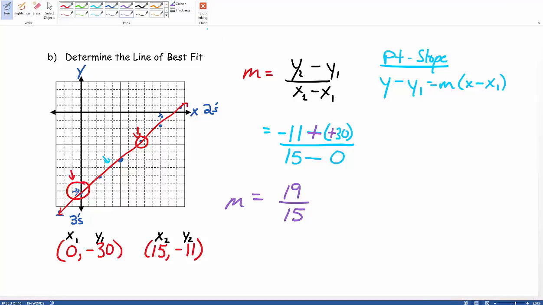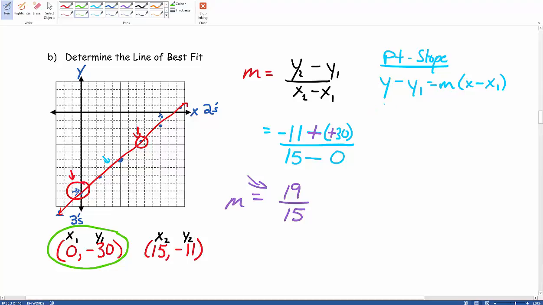Next, what we're going to do is construct the equation of that line now using the slope that we just found and one of these 2 points. Now, anytime you're trying to figure out the equation of a line using point slope, and if you are lucky enough to end up with something like this where one of the values is 0, you're definitely going to want to choose that point right there because it will make your life a little bit easier later on.